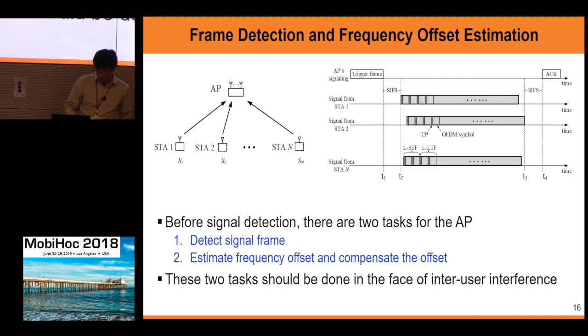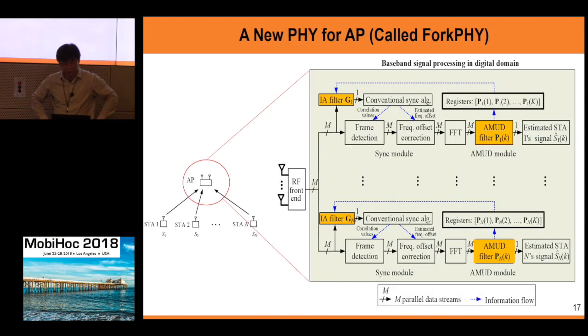To solve this problem, we designed a new PHY for the AP. So this is our design. This big block is baseband signal processing in the digital domain. With n being the number of stations, we have n identical paths. For each path, we have two key components. One is signal detection, where we use a spatial filter, the filter we talked about before.